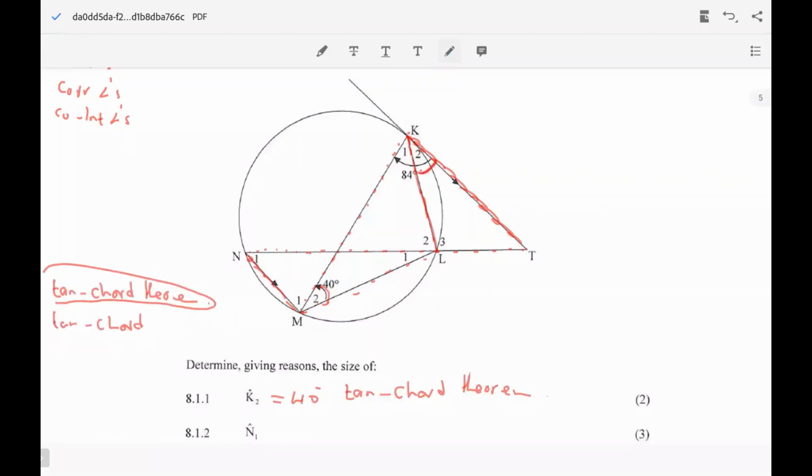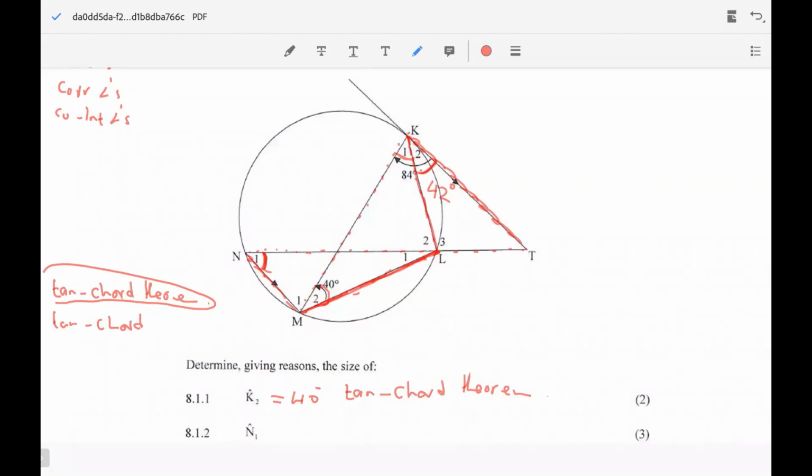So we've got our angle, we fill in 42 degrees. Then N1 is here. So N1 is subtended by chord ML. ML subtends angle N1, but the same ML subtends angle K1. So K1 and N1 are subtended by the same chord ML.